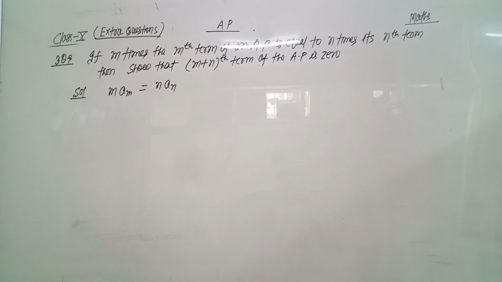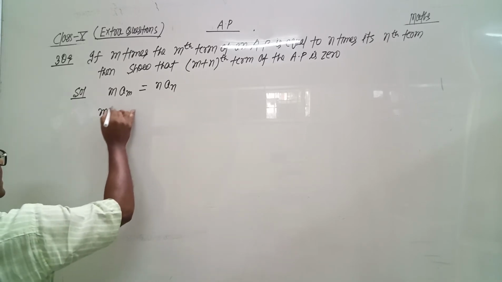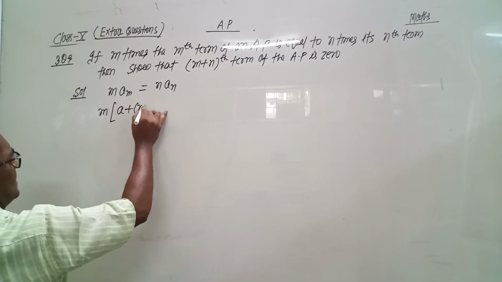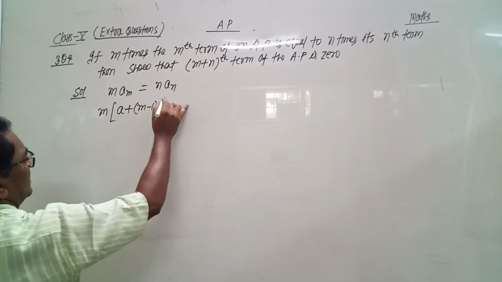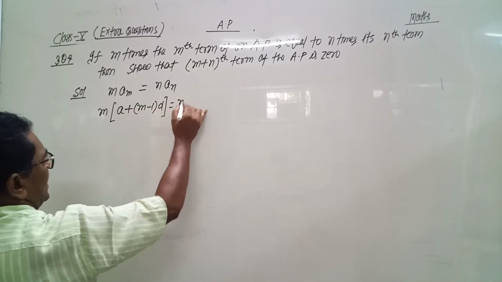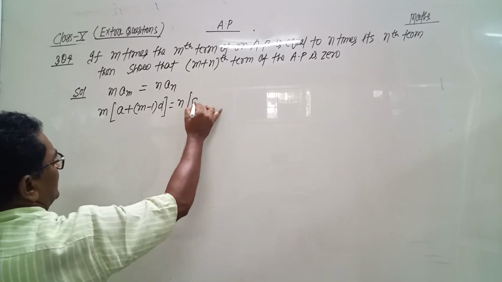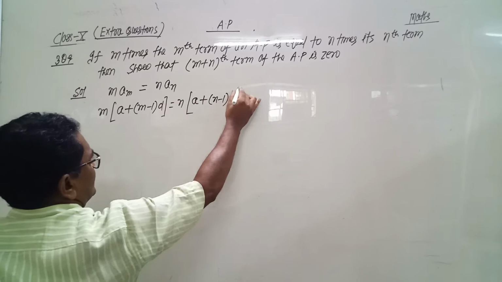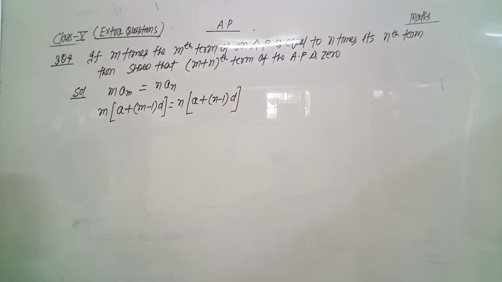Let a be the first term and d be the common difference. So m into the mth term, a plus m minus 1 into d, equals n times the nth term. The nth term is written as a plus n minus 1 d.